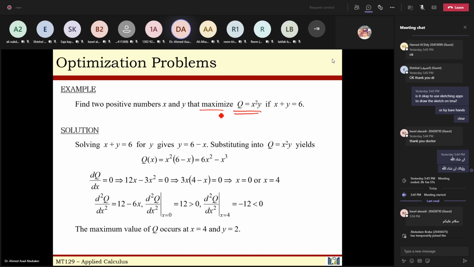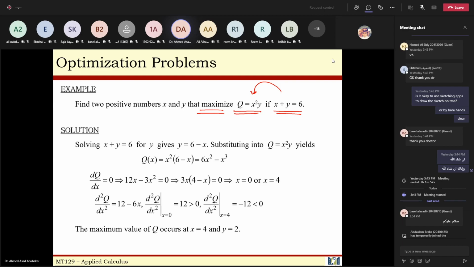We need to find the maximum or minimum for this relation, and we must be given the relation between x and y to convert the q or any function into a single variable, because we cannot find the maximum or minimum for a function that has x and y.